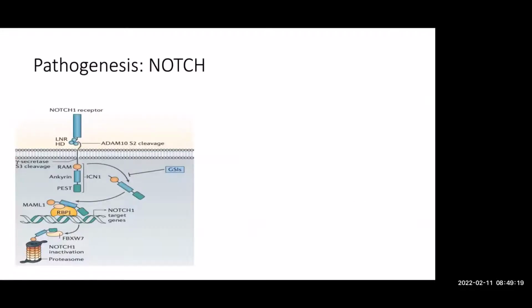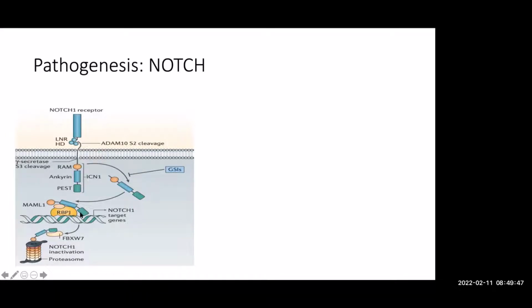Coming to the basic understanding of the pathogenesis of T acute lymphoblastic leukemias, the Notch receptor is important in the normal development of T cells. Once the Notch receptor is activated by Notch ligand, the intracellular portion of the Notch receptor is released into the cytoplasm and binds to the target genes.